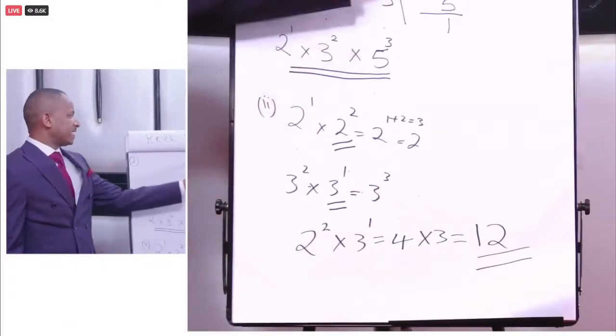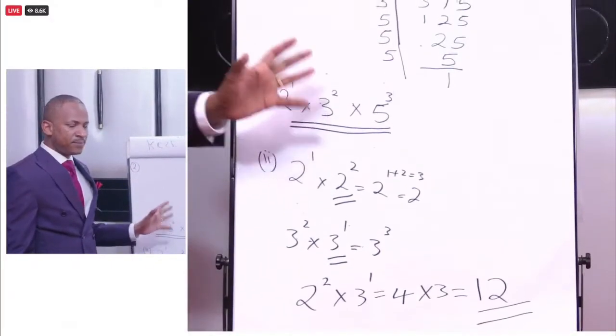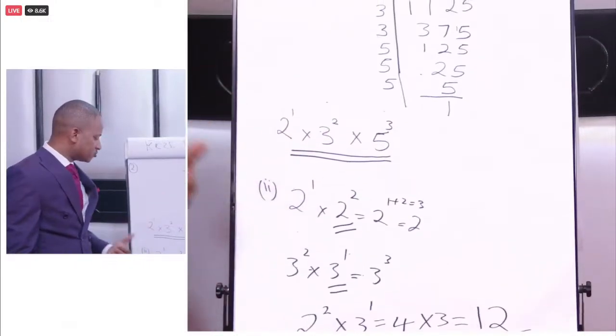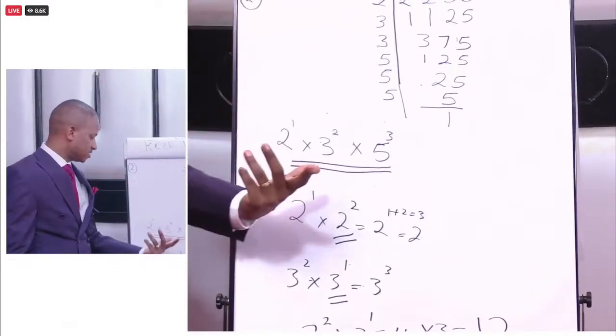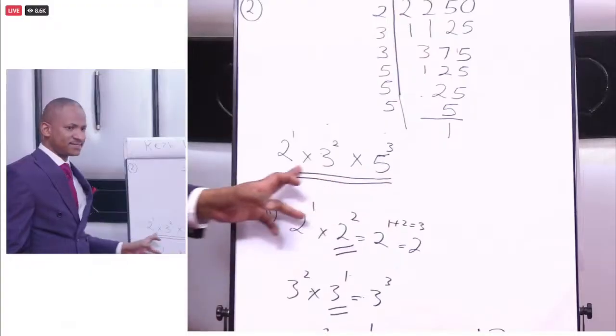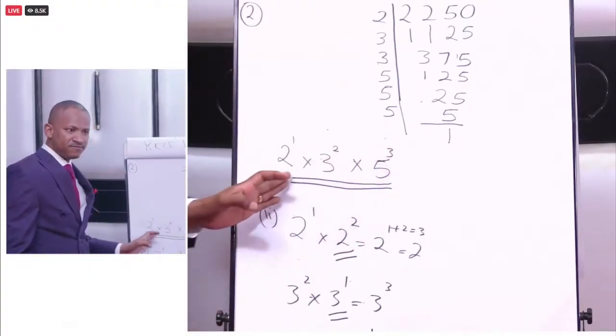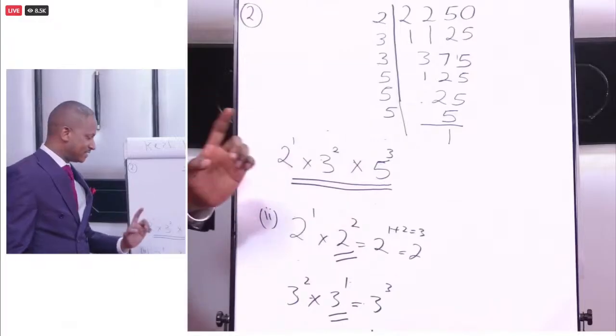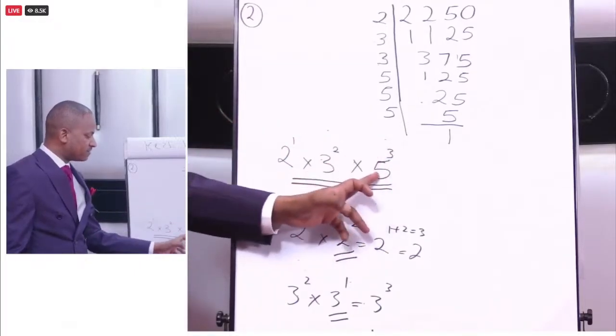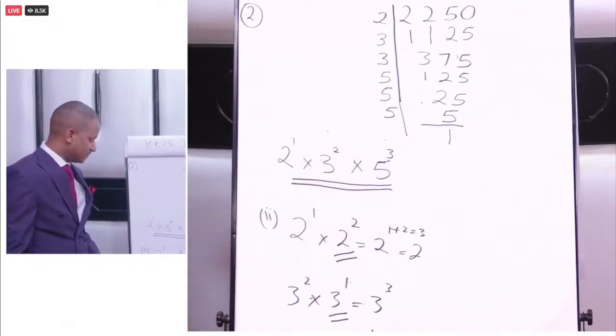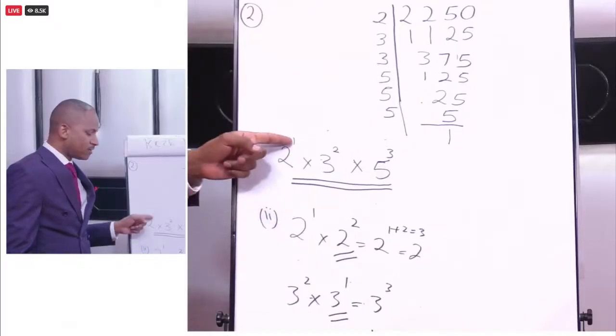For you to make 2250 a perfect cube, what number must you introduce? After getting the prime factors, you ensure that the powers of the prime factors are divisible by 3. So far only 5 has a power that is divisible by 3. But 2 has a power which is 1.